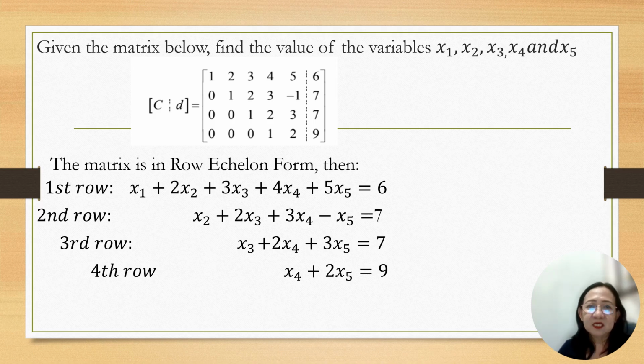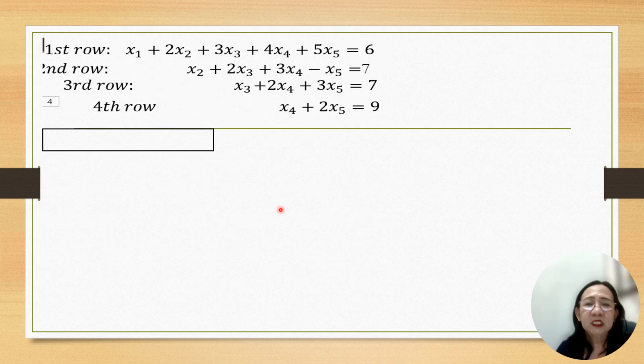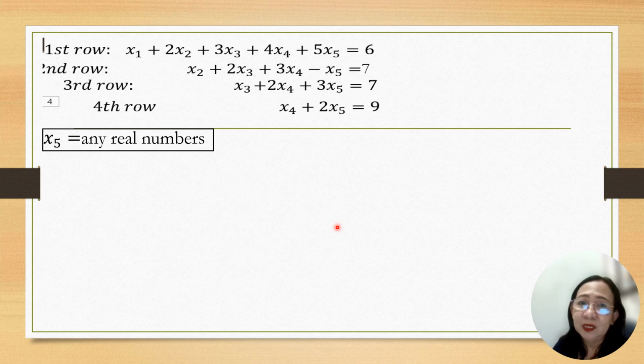Let us copy this. So looking now at our equation in row 4, x sub 4 plus 2x sub 5 is equal to 9. So if we're going to add both sides by a negative 2x sub 5, we will arrive at x sub 4 is equal to, ayan. So we're going to set first yung x sub 5 natin. x sub 5 can be any real number, no?